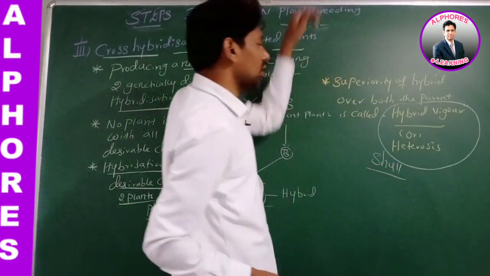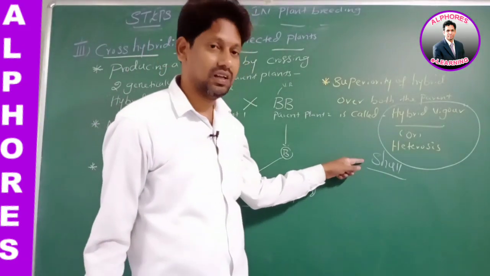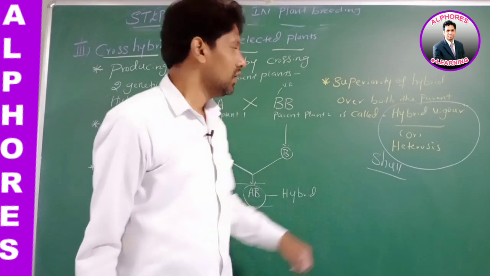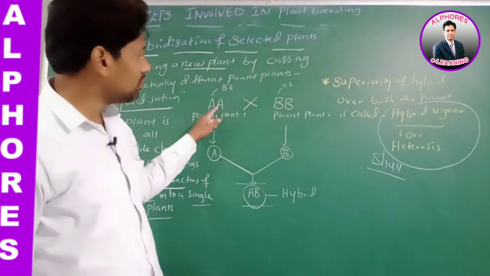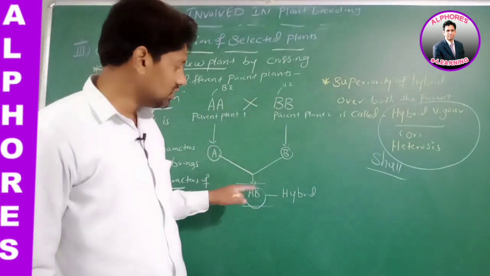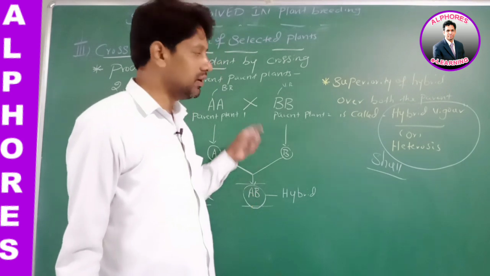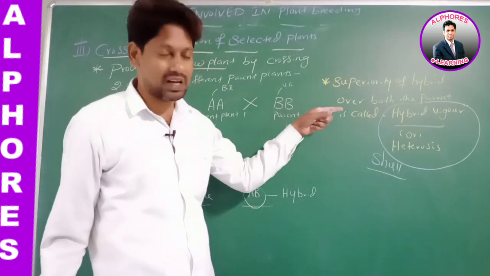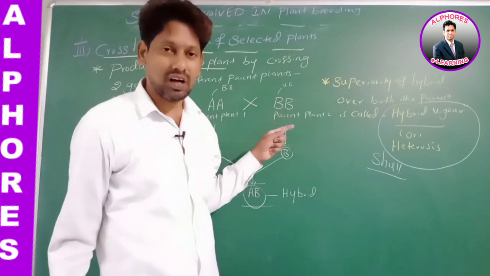Who coined the term hybrid vigor or heterosis? Shell. Therefore, the hybrid produced has desirable characters of both the parents, so it is superior over both the parents. This superiority of hybrid over both the parents is called hybrid vigor or heterosis.